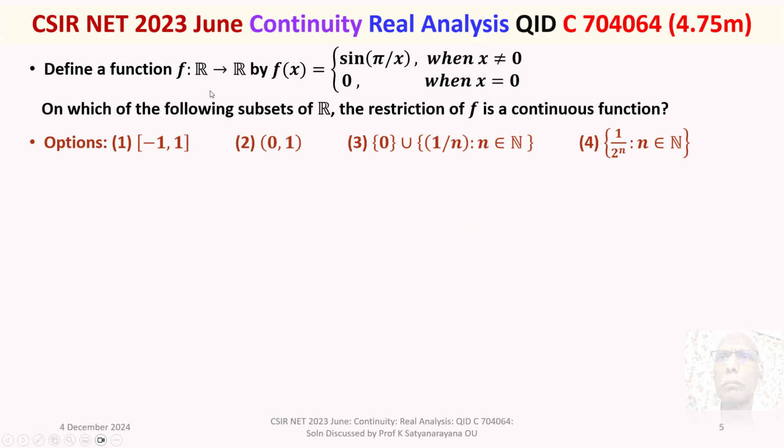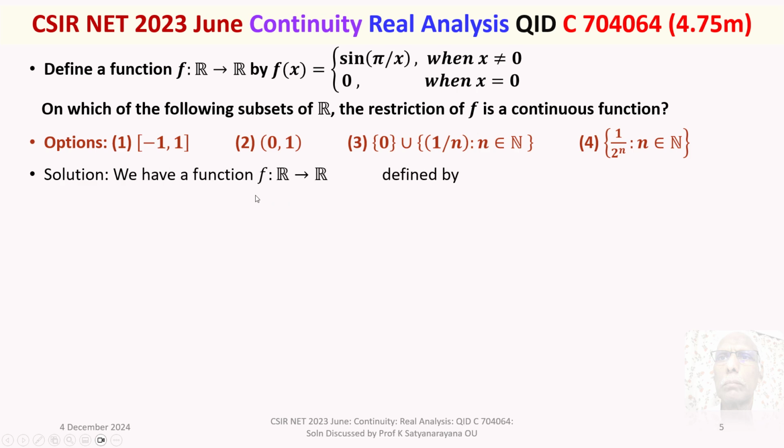So, we are given a function defined like this, and we have to discuss the continuity of this function when restricted to the following subsets. That means we have to talk about the restriction of f to a given set. Let's now discuss the solution of the problem in detail.